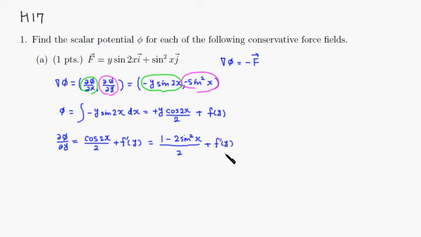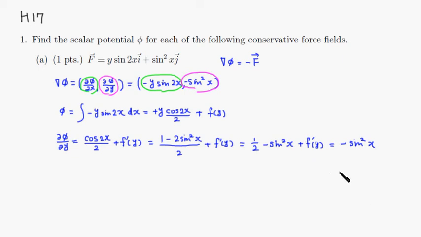Then you can see that this is 1/2, and the 2's cancel out, so it's negative sine squared of x plus f prime of y, and this is equal to, remember, negative sine squared of x.